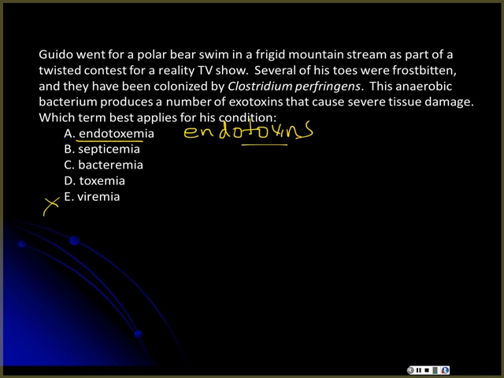It won't be E, because viremia means you're infected with a virus. You have virus in the blood. And it's not bacteremia, because the bacteria are not in his blood. This is an anaerobe. This is your gangrene organism. So it's in a local area, but it's releasing these nasty toxins that are spreading elsewhere in the body. Septicemia means the microbes themselves are in the blood. So we're not talking about that. Yeah, toxins in the blood.